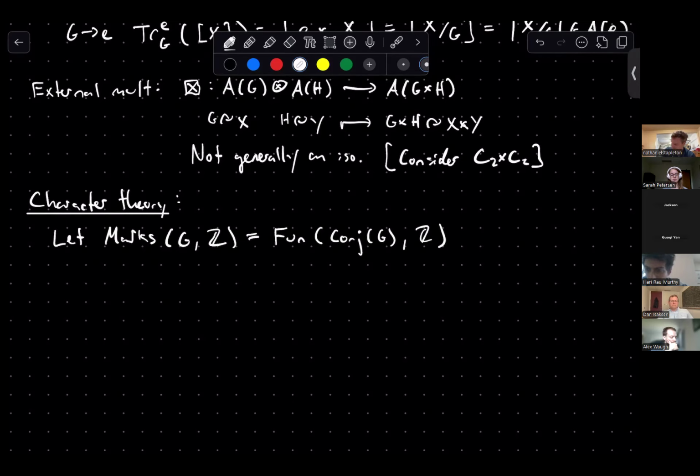Superclass functions makes this ring sound complicated to me, and the ghost ring makes it sound mysterious, and I think it's neither of those things. So I go with a very simple name, marks. It comes from when people first worked with this: if they took a G-set and counted the fixed points, they called it the table of marks. So I just call it marks.